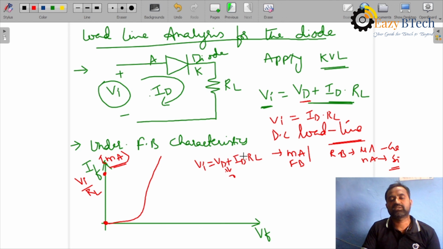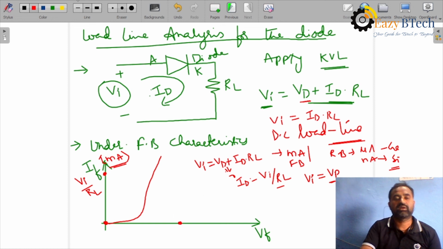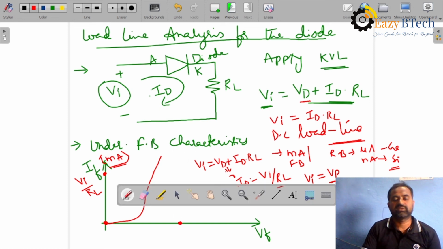We write VI is equal to ID RL, so ID is equal to VI by RL. This is one point. To know the voltage on the x-axis, the current is 0, so we write VI is equal to VD. Now we can plot a line between these two points.